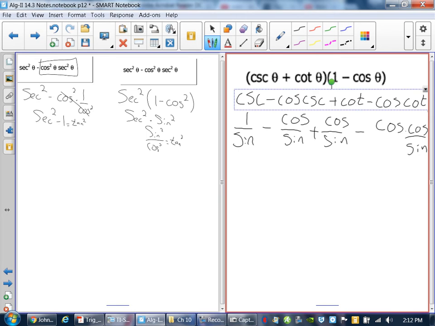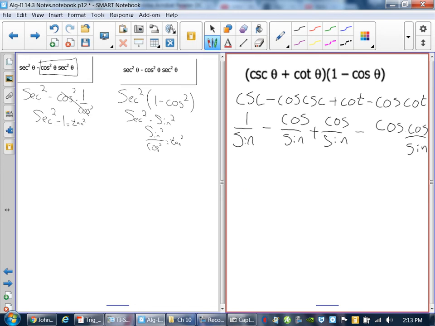I didn't. I rewrote that 1 over sine. Cosine over 1, and cosecant is 1 over sine minus cosine, and then you just split the cosine. How do you get cosine over sine? Cosine is cosine over 1, and cosecant is 1 over sine. First was the cosecant here.